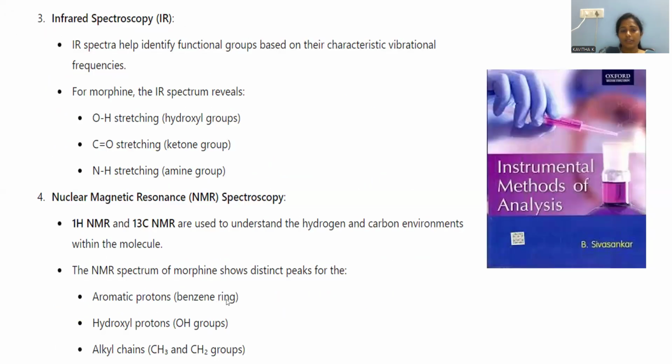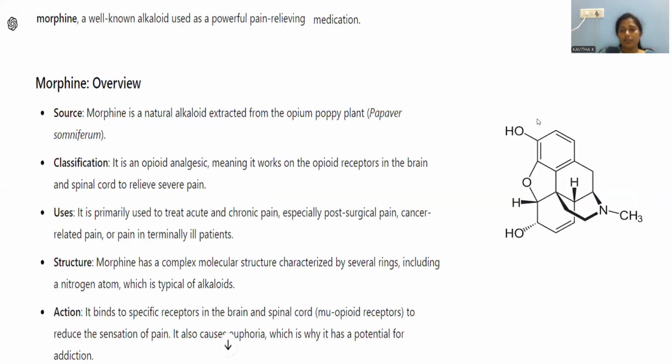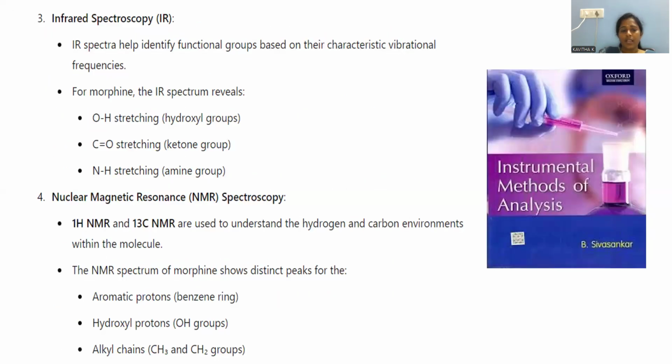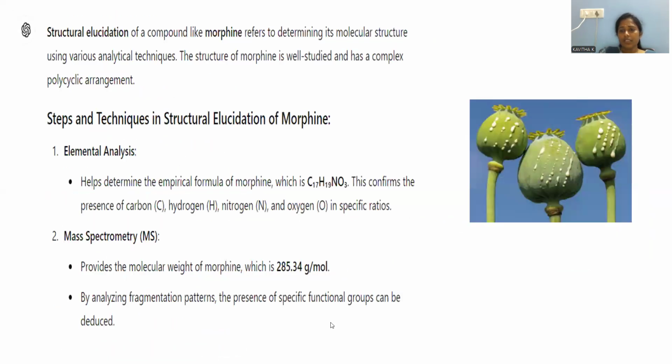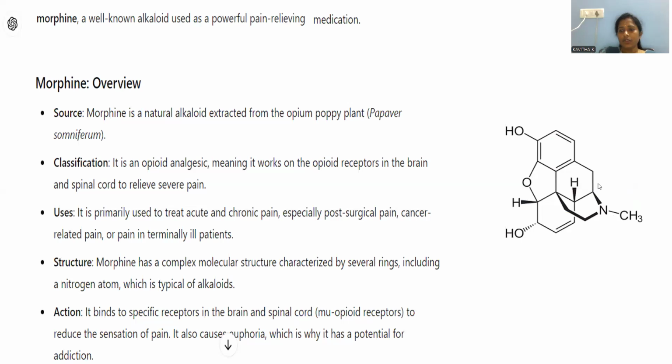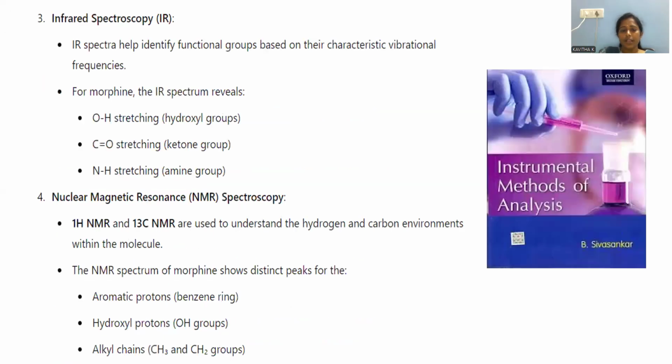So benzene ring protons, hydroxyl: from that data, you can identify there are two hydroxyl groups within the molecule. Alkyl chains: if you observe clearly, here is one alkyl, here is one annular methylene, and here is another CH. These kinds of fragments are identified by means of nuclear magnetic resonance spectroscopy, NMR.